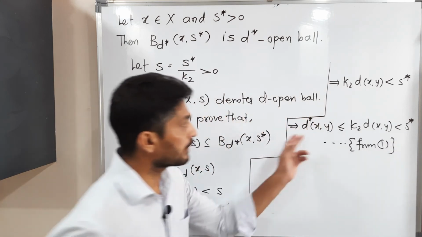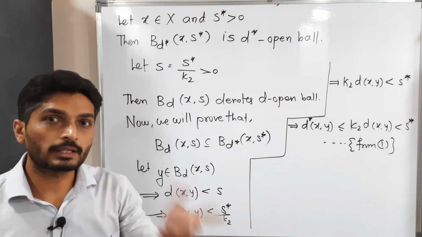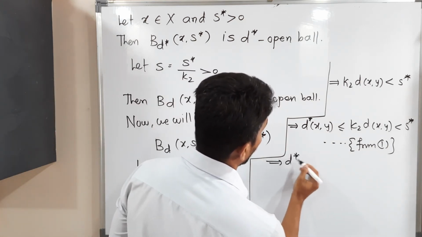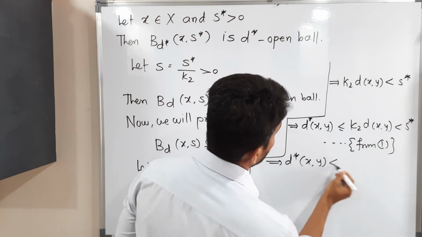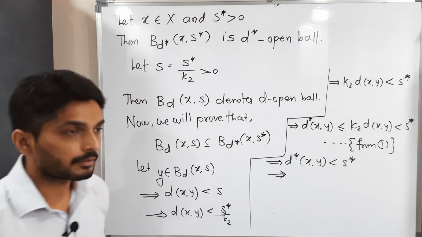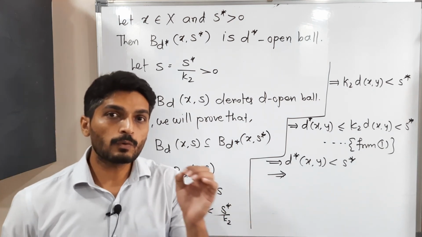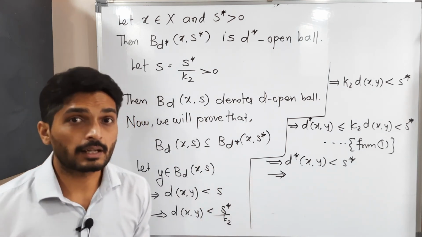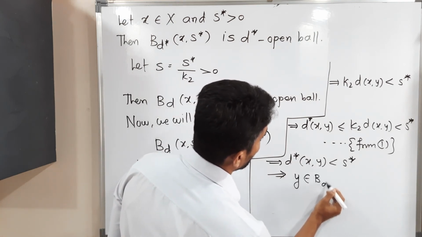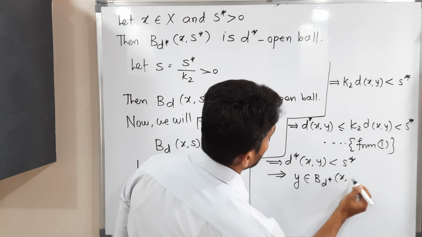You know that if a is less than b and b is less than c, then we can write a is less than c. Therefore d*(x,y) is less than s*. Can you tell me what we can write after it? The distance of y from x is less than s*. That means y belongs to the open ball with center x and radius s*.